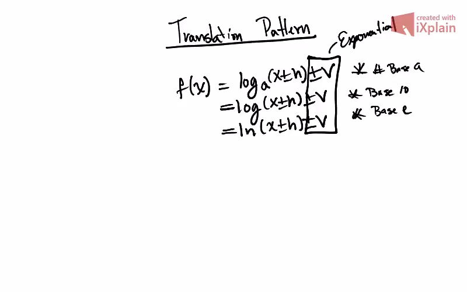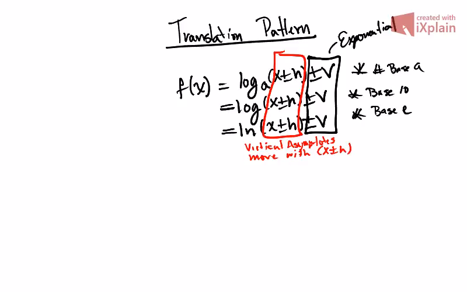What really matters and changes the overall domain are the horizontal values. It makes sense that the vertical asymptotes move with however you move your function horizontally, so vertical asymptotes move with x plus or minus h.